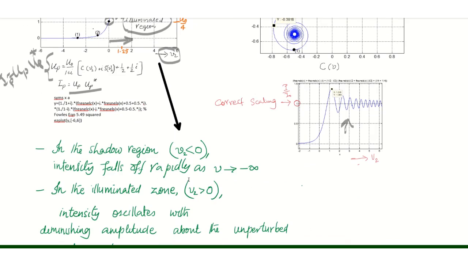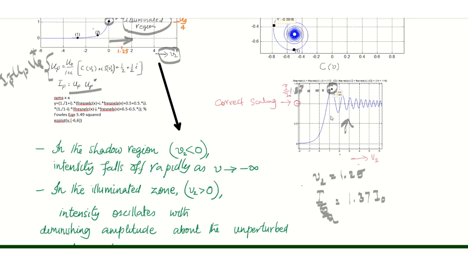Now, here is a point where you have maximum intensity, and that point is when V2 is 1.25, and this value here is 1.37 times I0. The normalized intensity is 1.37, or the intensity is 1.37 times I0.